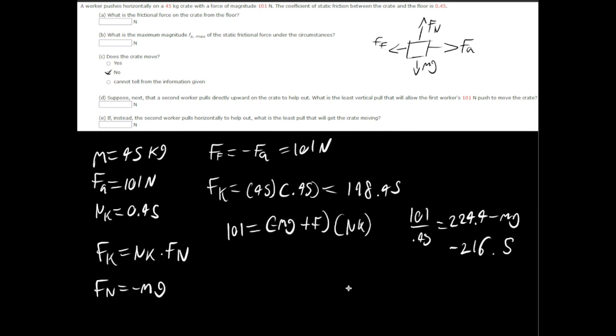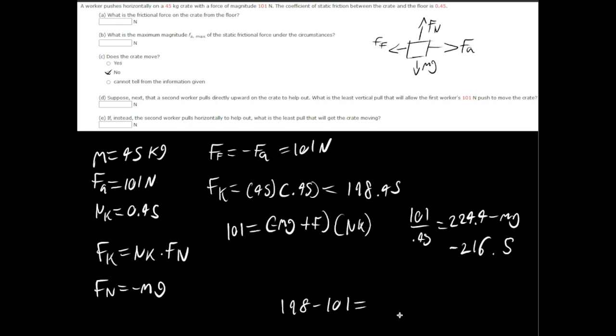And then it asks if instead a second worker pushes horizontally. Now, this is going to be 198 minus 101. Because this is the force we have to overcome. This is the force already added. So the force needed to overcome this is going to be the difference here.